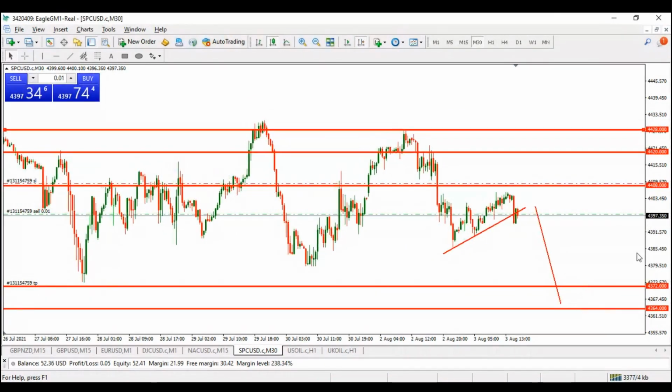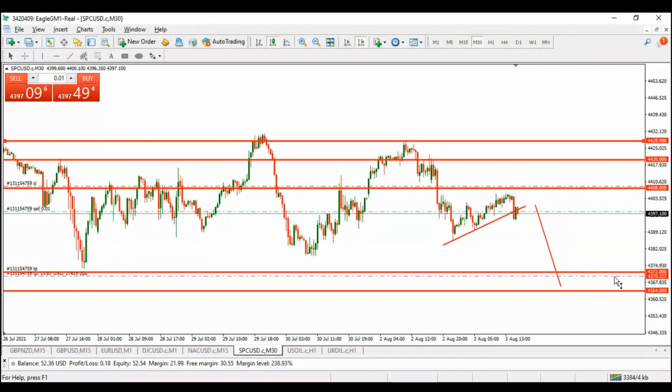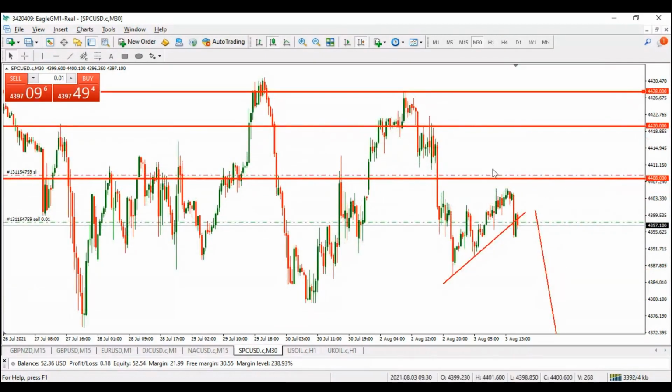I feel it's still going to move a lot, so I might be looking to change where my take profit is to this area. I'll just be risking $5 to make $16. That's a 1 to 2.1 risk to reward ratio. That's good money right there.